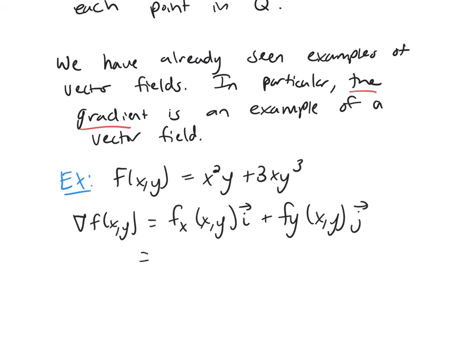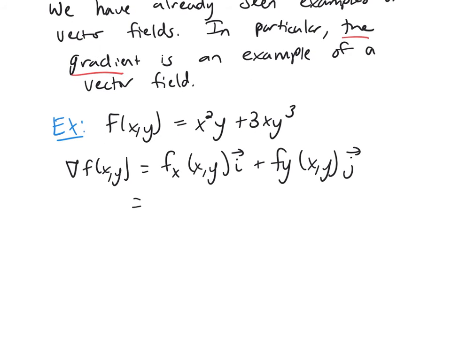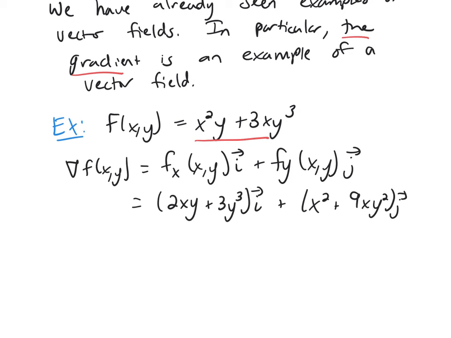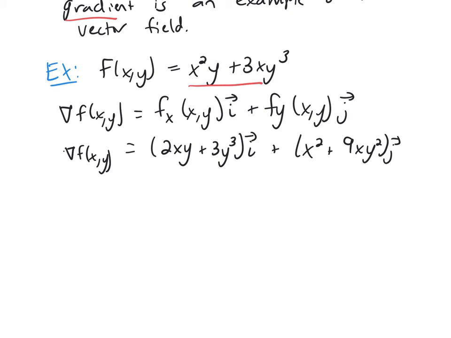So here, if I look at my partial derivative with respect to x, this will be 2xy plus 3y cubed. The partial derivative with respect to y would be x squared plus 9xy squared j. And this is a vector field. I plug in a point and it outputs a vector.